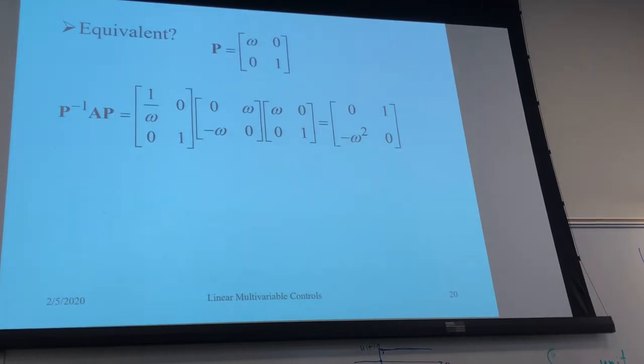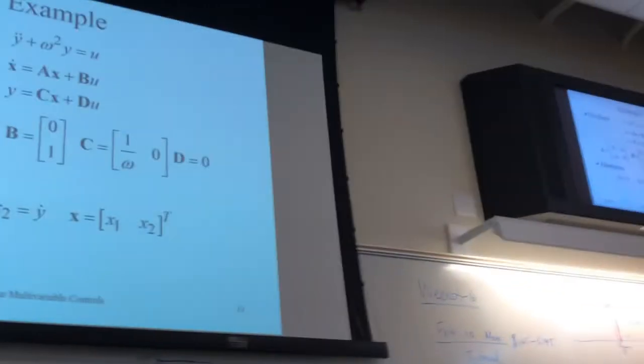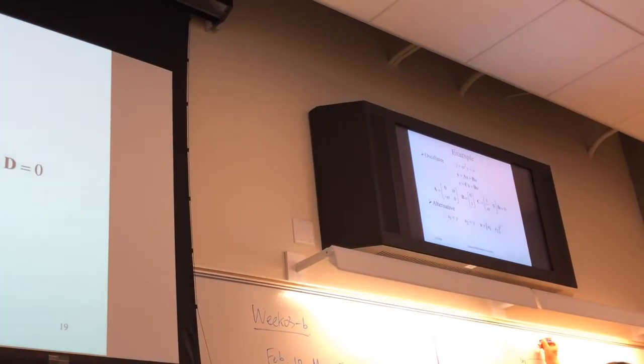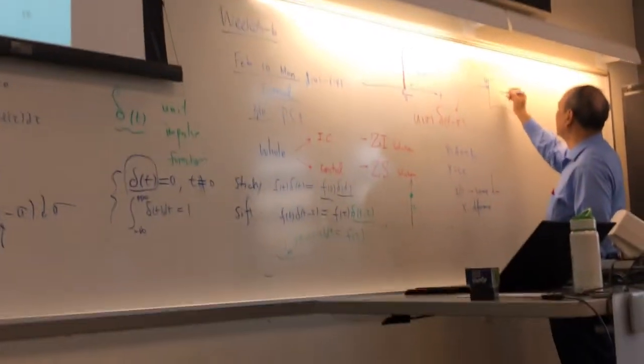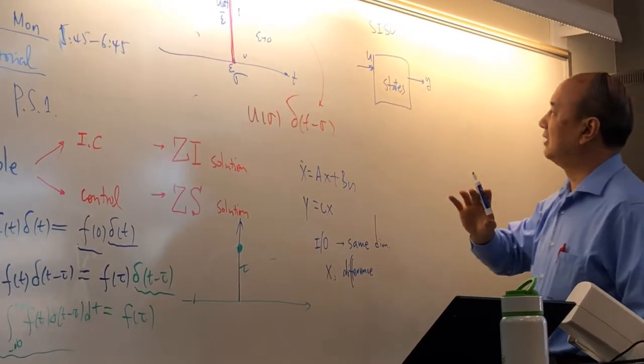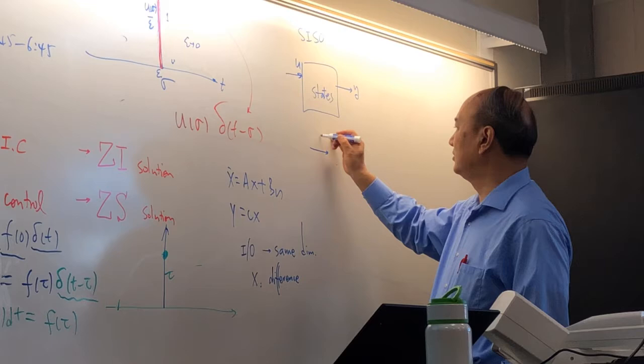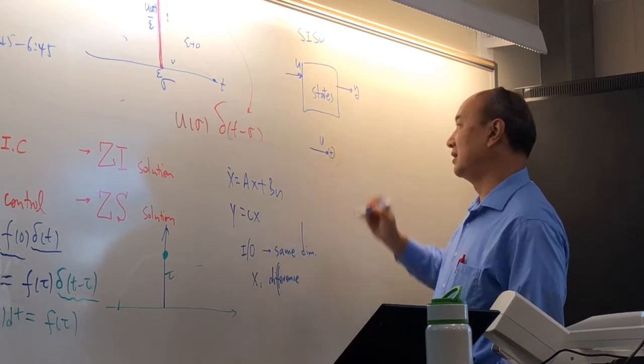In other words, although I have a single input and a single output, this is U, this is Y, internally I have states.